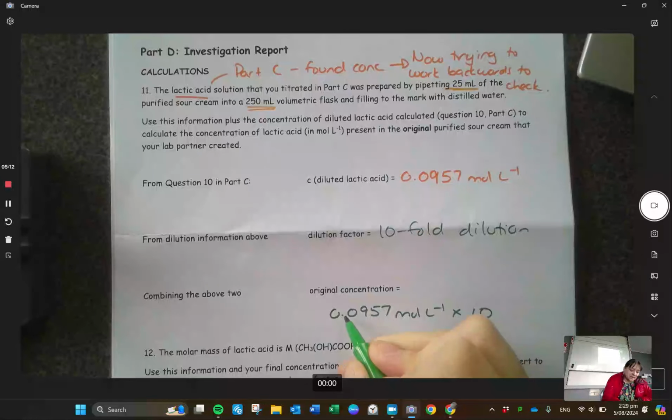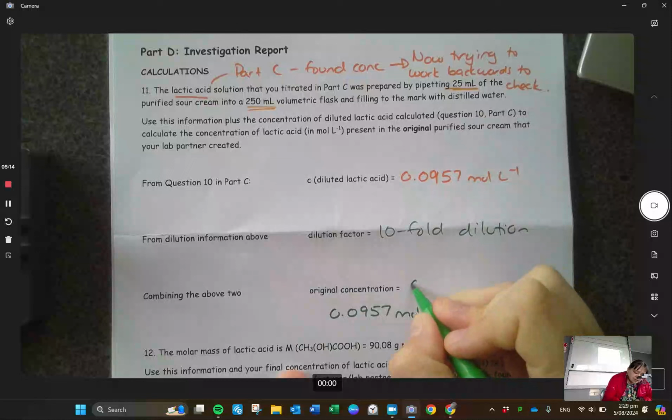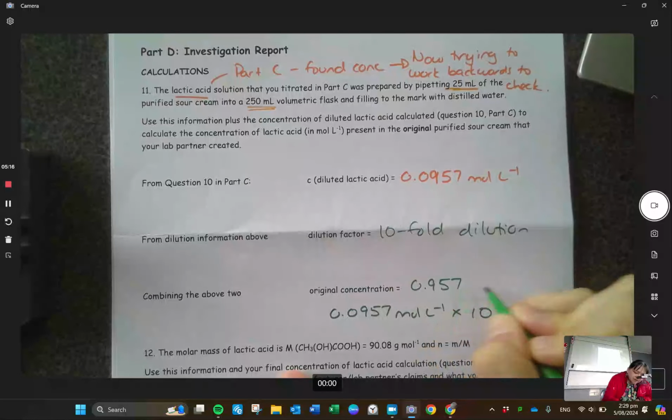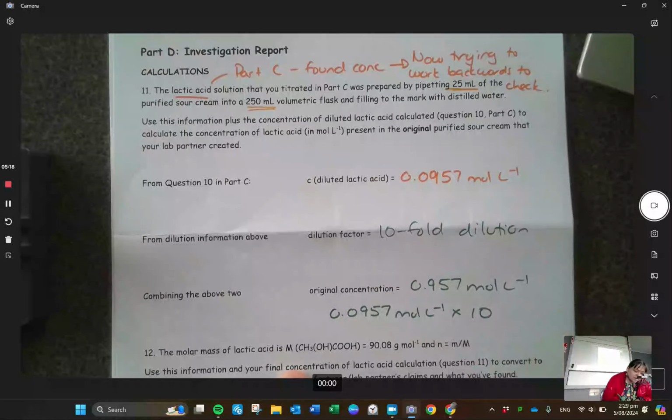So if I multiply that by 10, I'm just moving it over one decimal place, so it's 0.957 moles per liter. And that is in the original solution before I diluted it. So 10-fold, times by 10. If it was a 2-fold, I would times it by 2. If it was 4-fold, I would times it by 4. If it was 25-fold, then I would times it by 25. I'm just trying to get back to the original. That's what I'm saying. This is basically undoing what we did.